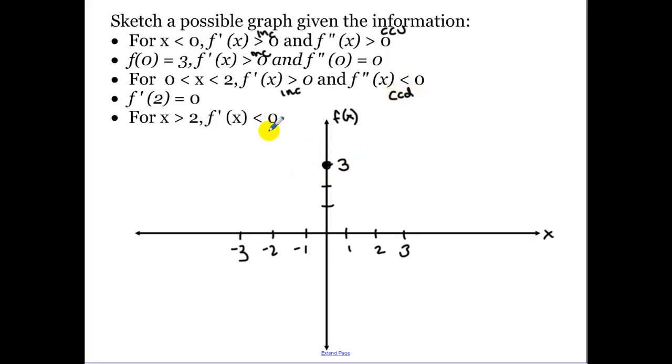So I'm going from increasing concave up to increasing but concave down. F prime of 2 is 0, so I might have a max or a min. And then for x greater than 2, we are decreasing. So I changed from increasing to decreasing, so we're going to have a maximum there.